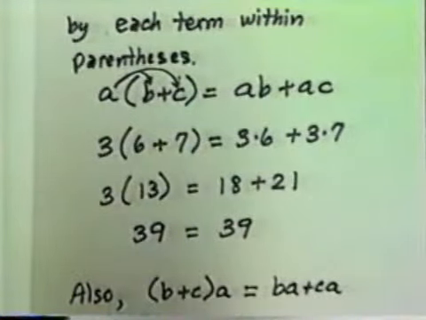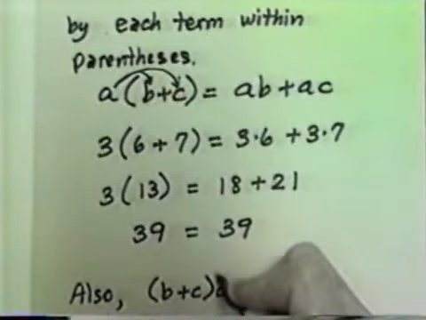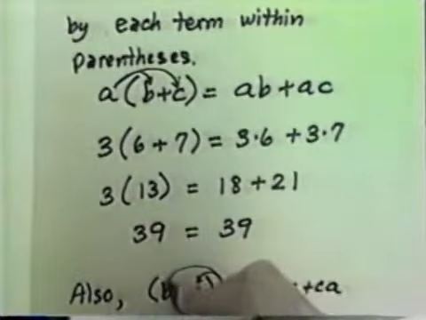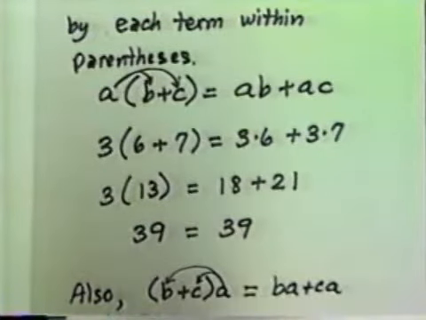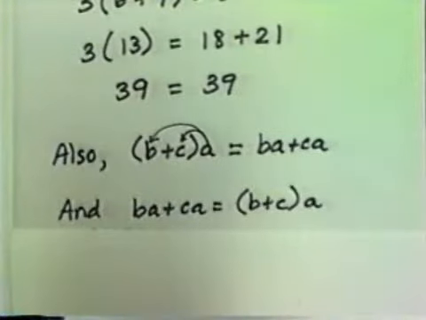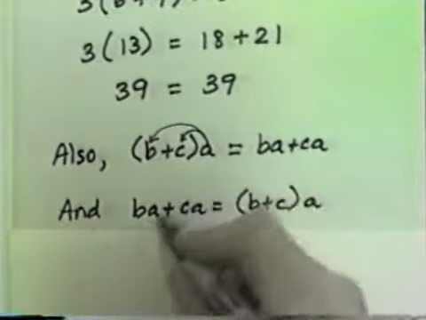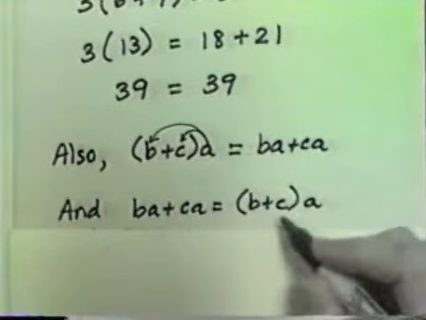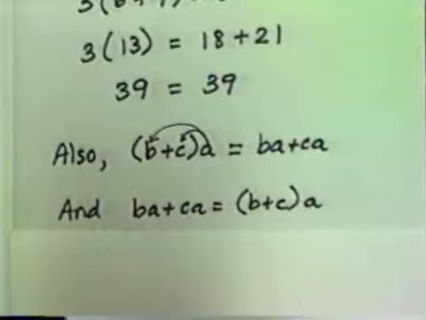Notice that the A is coming in from the right-hand side, so that we get BA plus CA. We can also write this same equation backward, putting the BA plus CA first, and then B plus C times A last. There are other variations on this same thing.